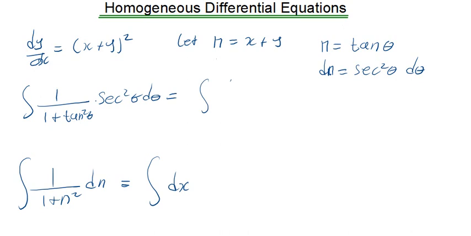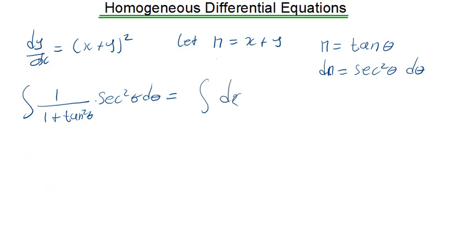I've just done the integration, so we are simply looking at the integral of 1 d theta equals the integral of 1 dx. This gives theta equals x plus c.